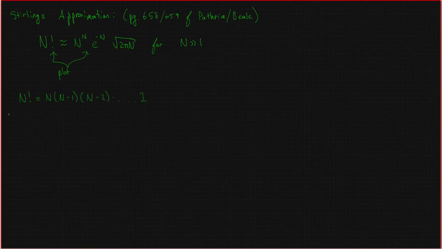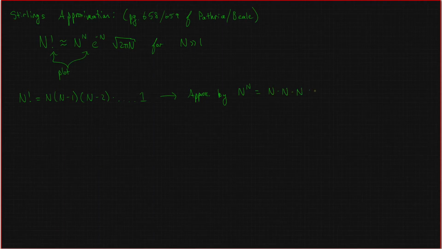So if we were to approximate it by n to the n, well, this is going to be obviously a big overestimate.